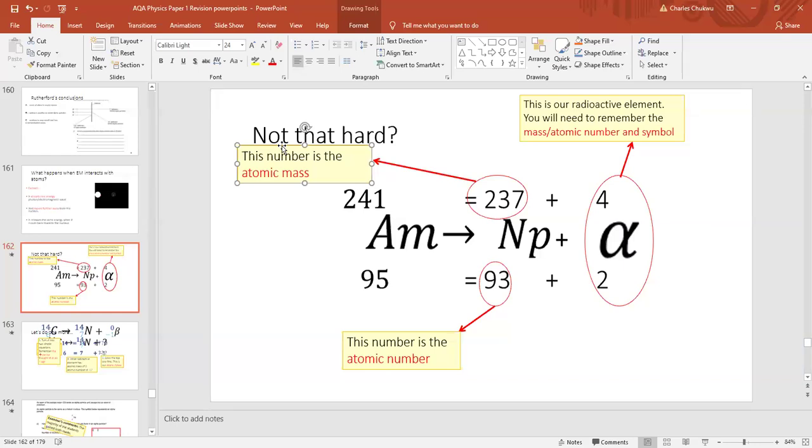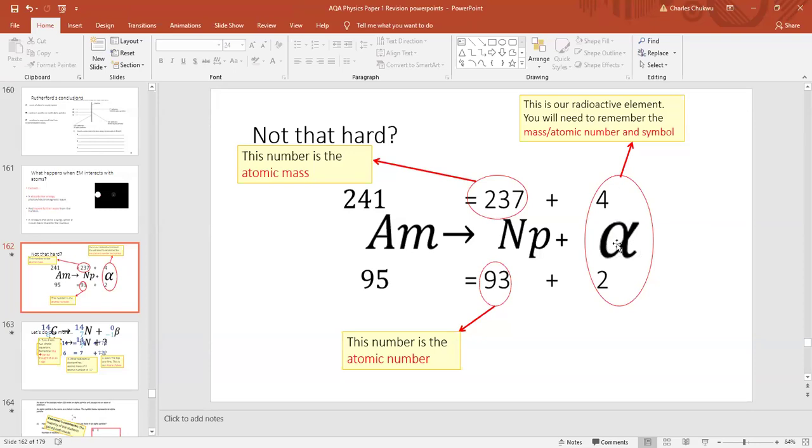Well, the important thing is this: just understand that it's the nuclei of a helium atom whose mass number is 4 and atomic number is 2. This is where it says here. This is our radioactive element. You need to remember the mass number, atomic number, and the symbol. Having the alpha symbol there may not look like that.